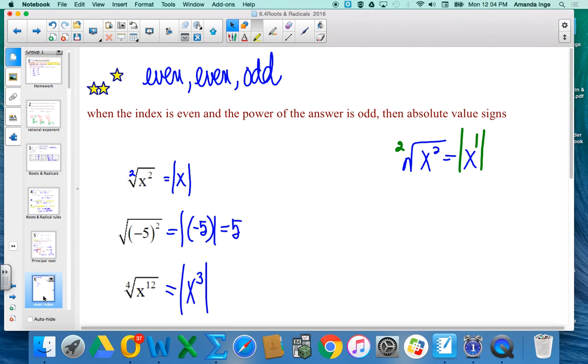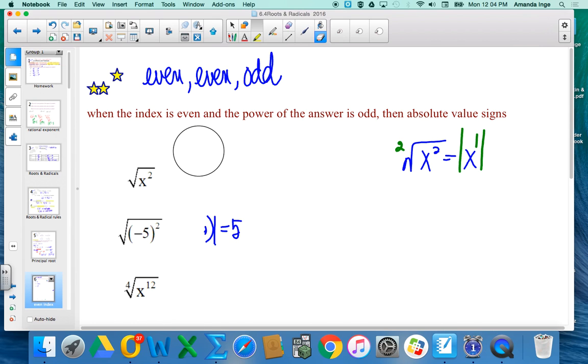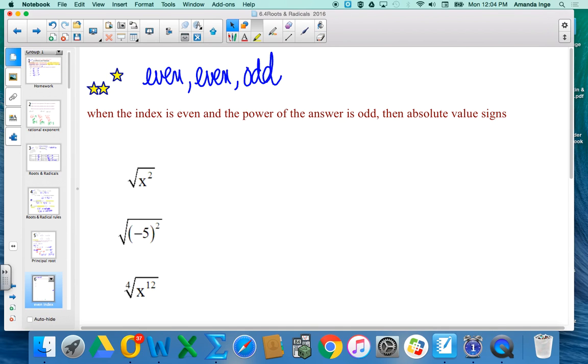So wait till you get these examples on your paper. I'm going to start with this one.